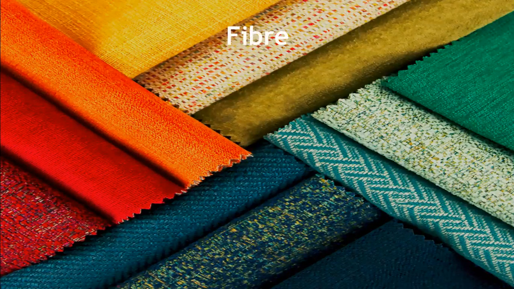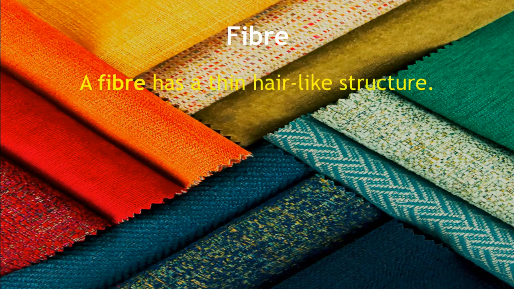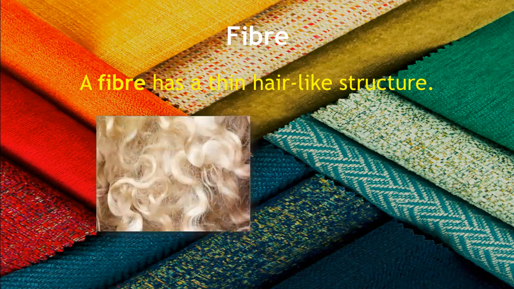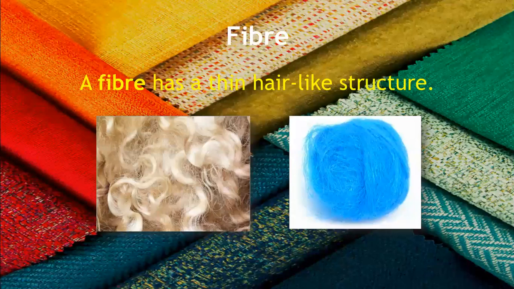First of all, let us do a recapitulation of what you have learned in grades 7 and 8. You have learned that a fiber has a thin hair-like structure. It can be natural or man-made. And fibers are the raw material used to make fabrics.